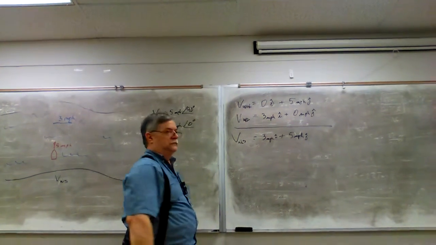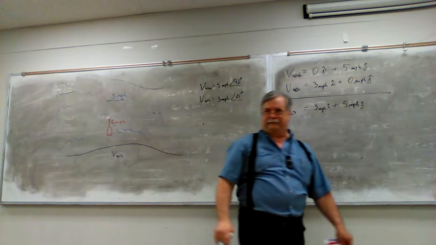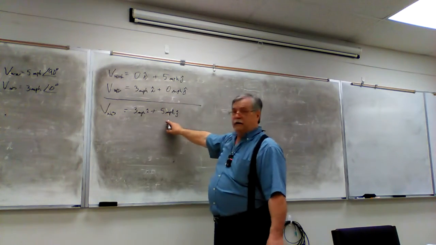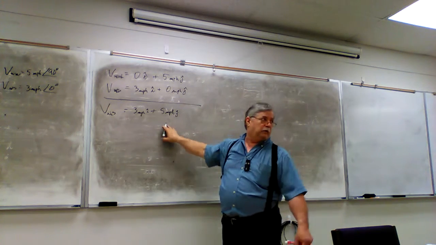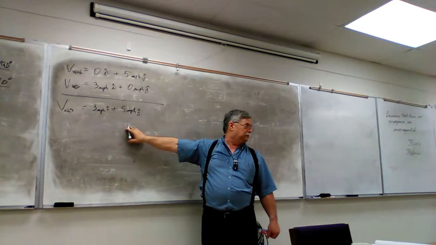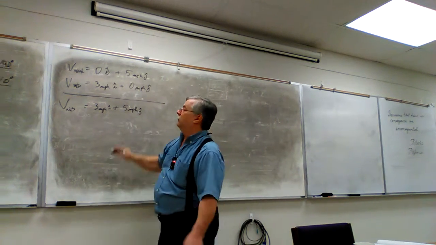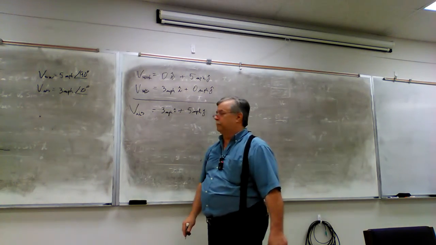There. All to avoid using boat. Now, that is the resultant vector velocity of the boat relative to the shore. Okay? However, we still want to put this in polar coordinates.